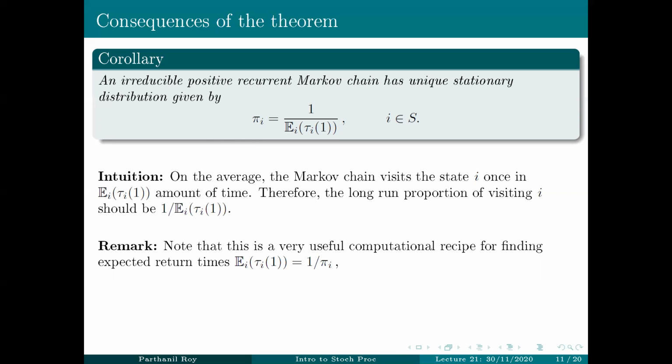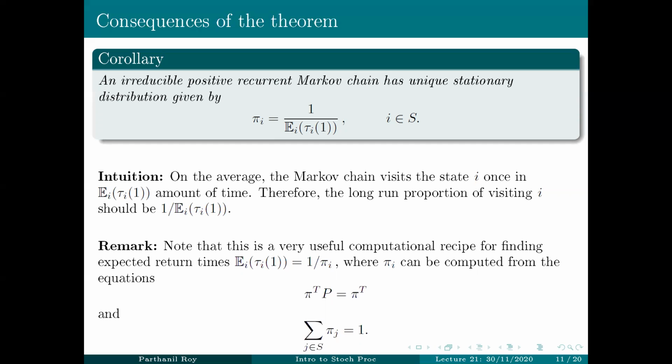Now, this is also useful computationally. This will be extremely useful to find the expected return time to I as 1 over pi I, because pi I can always be computed from these equations: pi transpose P equals pi transpose, and the summation of pi j is equal to 1, since this is a probability distribution.